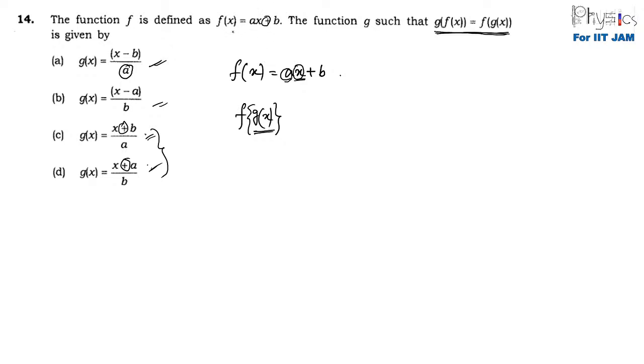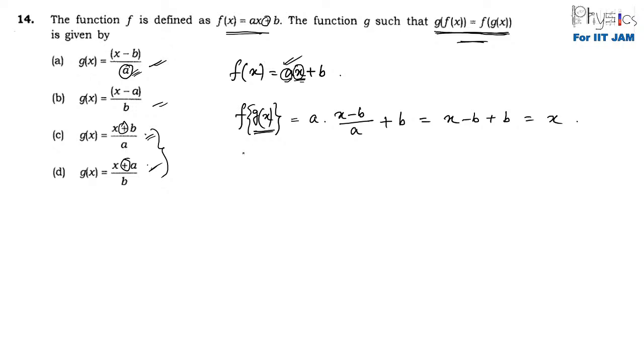So it will never give us this condition, right? And here is a and here is a. So if we substitute this x by g(x), that is a times (x minus b) by a, plus b, it will give us x minus b plus b, equal to x, right?